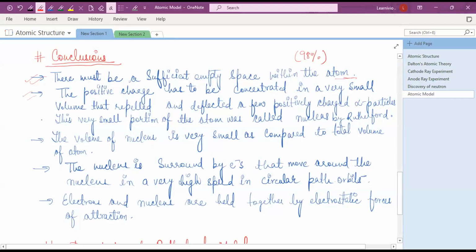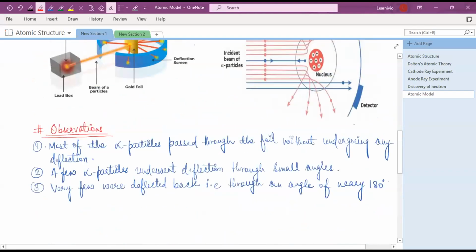The second conclusion was that because a very small fraction of alpha particles was deflected by small angles, the positive charge has to be concentrated in a very small volume that repelled and deflected a few positively charged alpha particles.